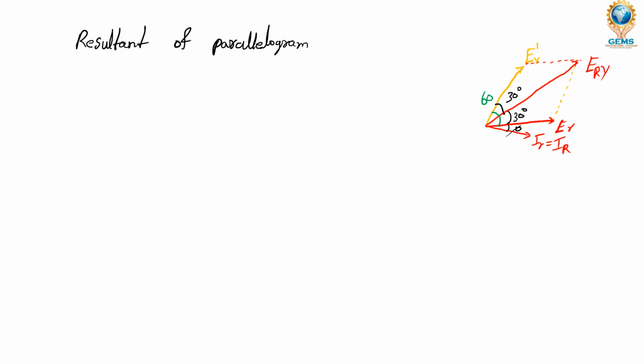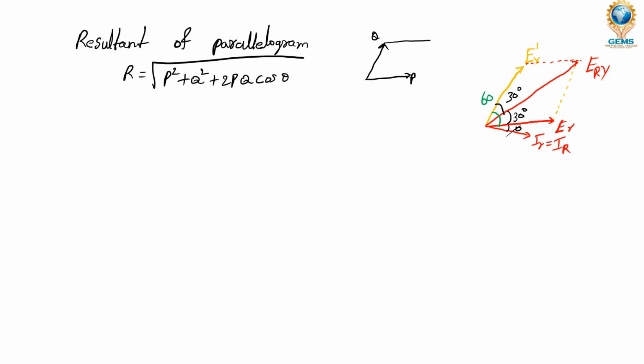We have the formula: resultant R equals square root of p square plus q square plus 2pq cos theta. Means in this context, the parallelogram is like this: p, q, and this is the resultant. Okay, if we apply this resultant formula to this diagram, now we will get the resultant.